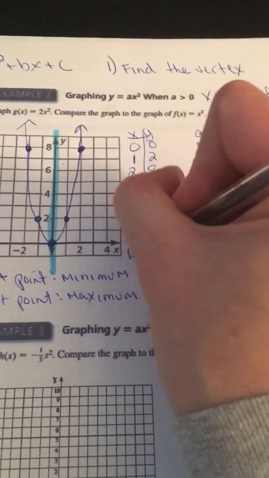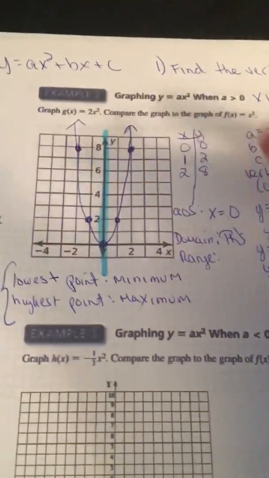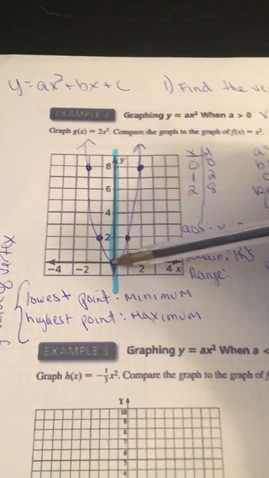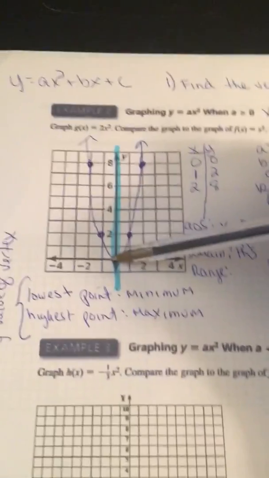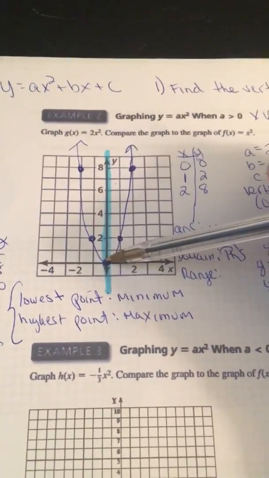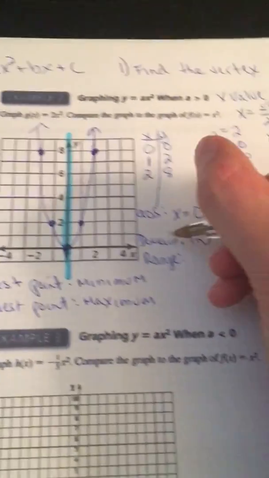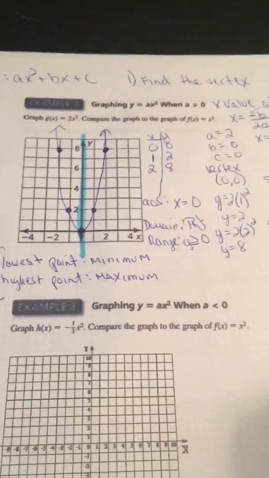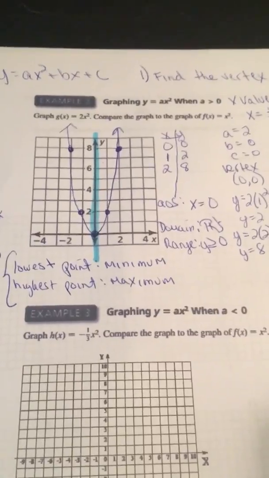Our range is the possible y values. If you look at your graph, our y values start when y is 0, and they increase from there. So our range is going to be y is greater than or equal to 0. All right. And lastly, we're going to compare to the parent function.